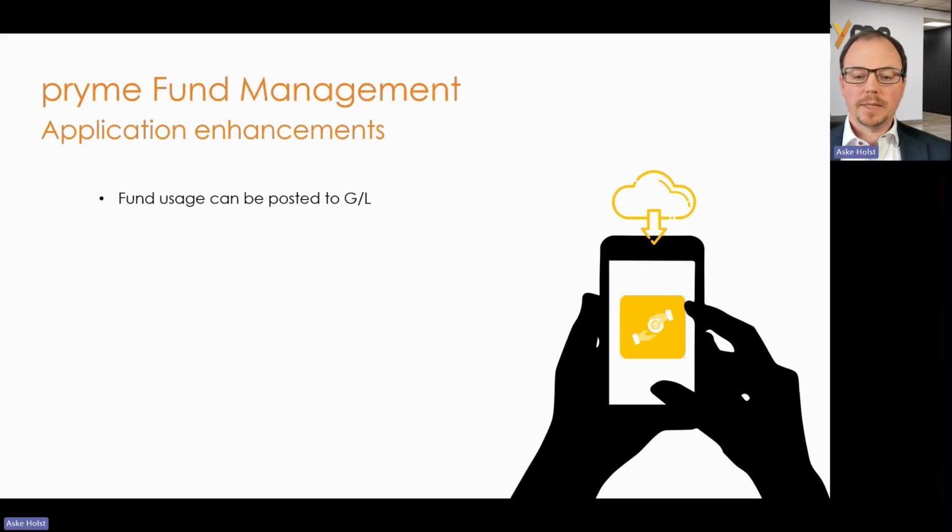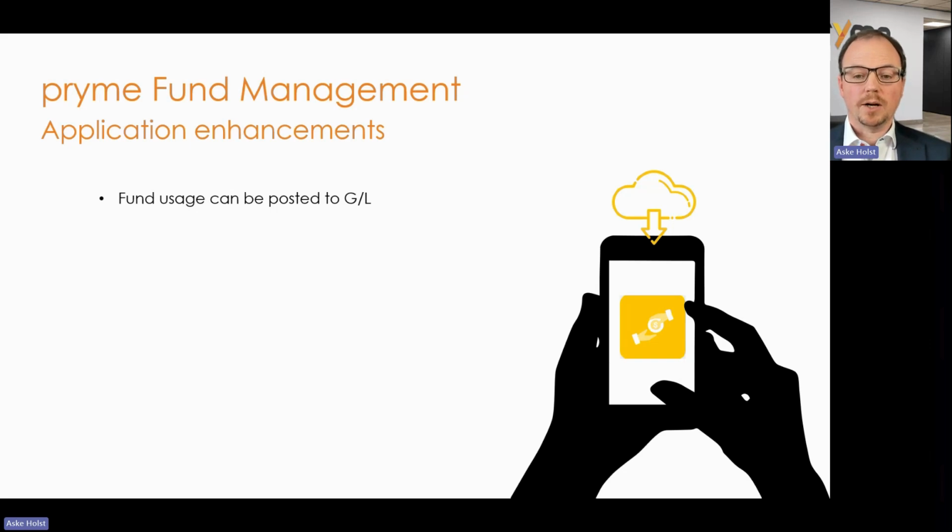For Pryme Fund Management, we've added a single feature in this release, but it's one of great importance. It is the ability to post fund usage to the general ledger. The use case scenario for this is that for funding, we of course have a separate fund ledger. And in this fund ledger, you can track how much you have received in grants.